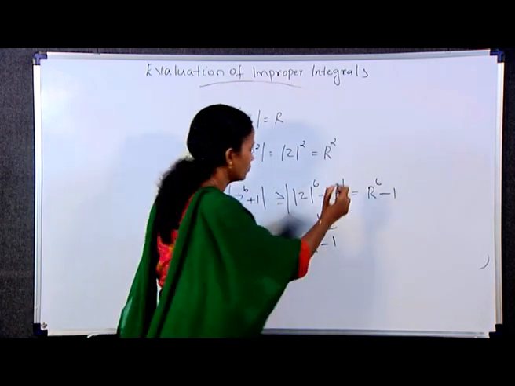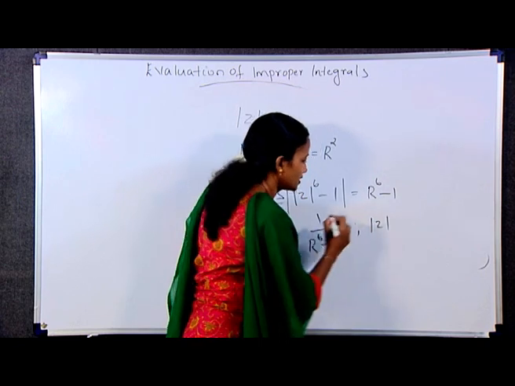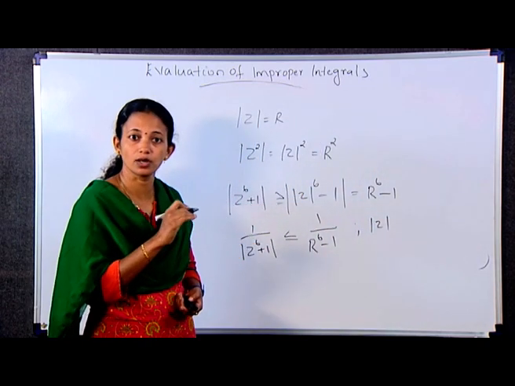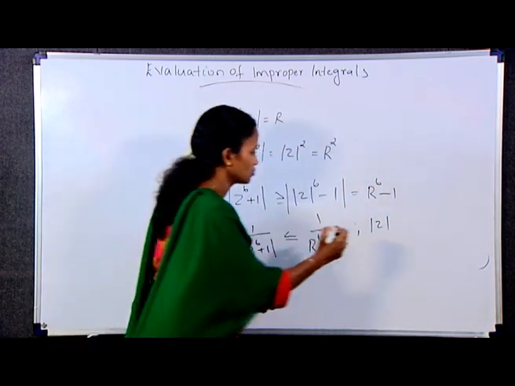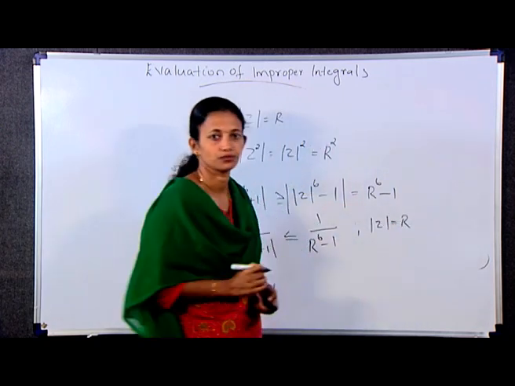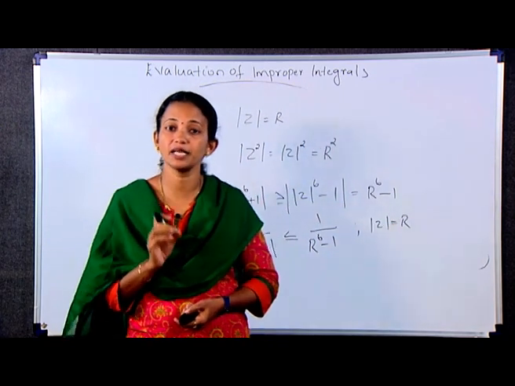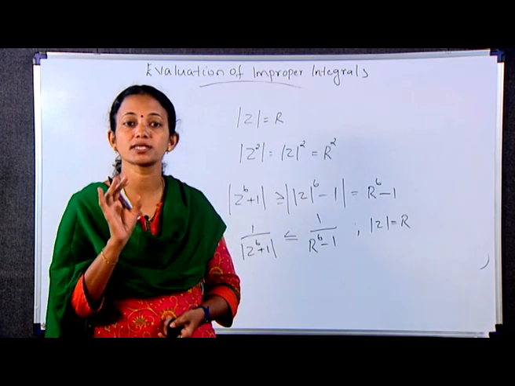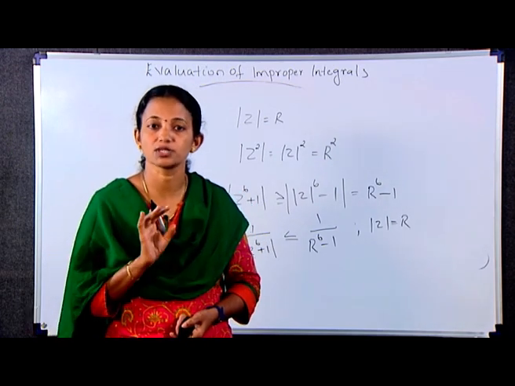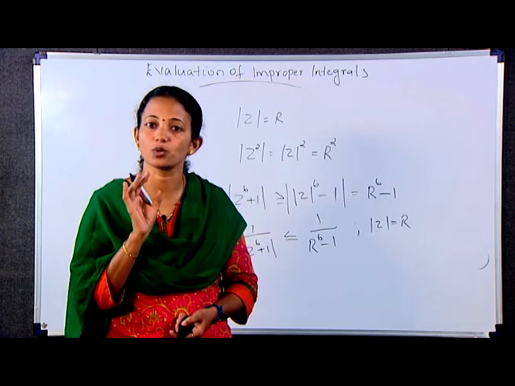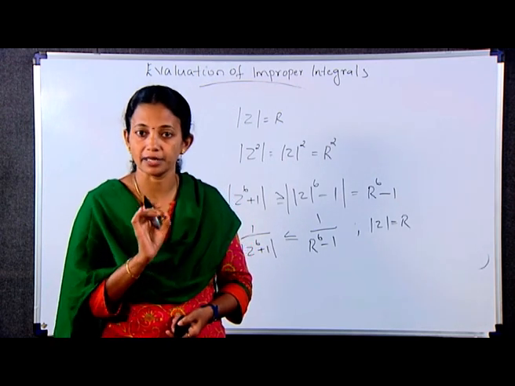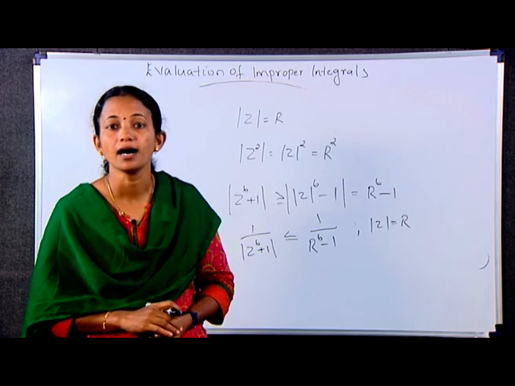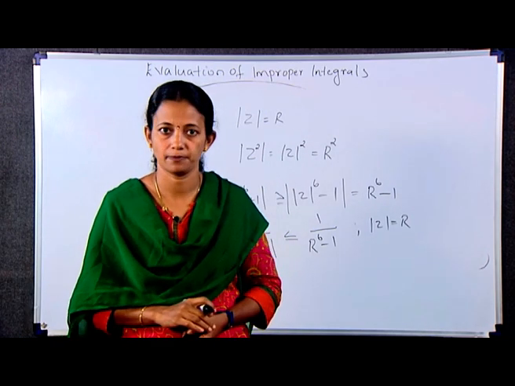When mod z is equal to r, if z is any point on CR, mod f(z) is equal to mod z square by mod z raised to 6 plus 1, which is less than or equal to Mr, where Mr is equal to r square by r raised to 6 minus 1.